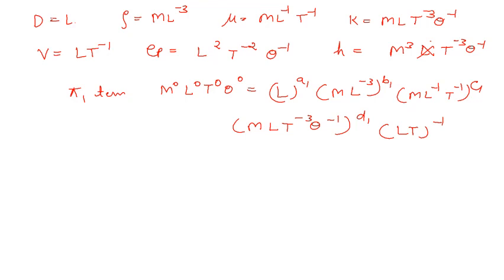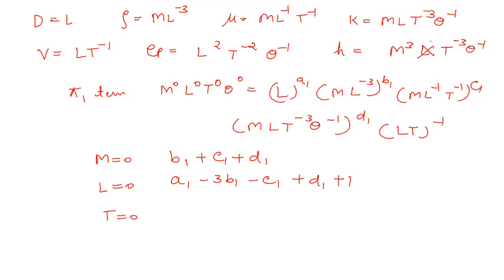Equating M on both sides, we get 0 equals b1 plus c1 plus d1. Equating L to 0, we get a1 minus 3b1 minus c1 plus d1 plus 1. Equating t to 0, we get minus c1 minus 3d1 minus 1. Equating theta to 0, we get 0 equals d1.